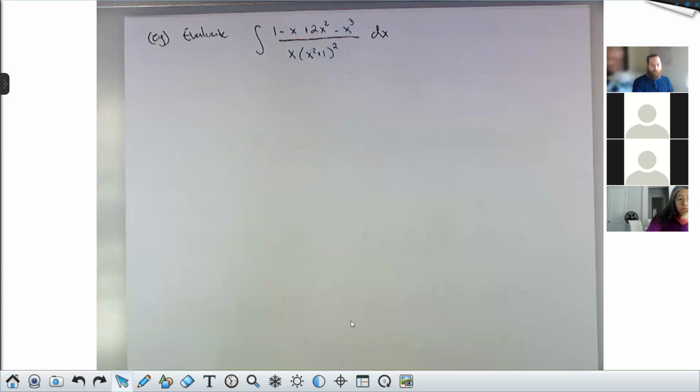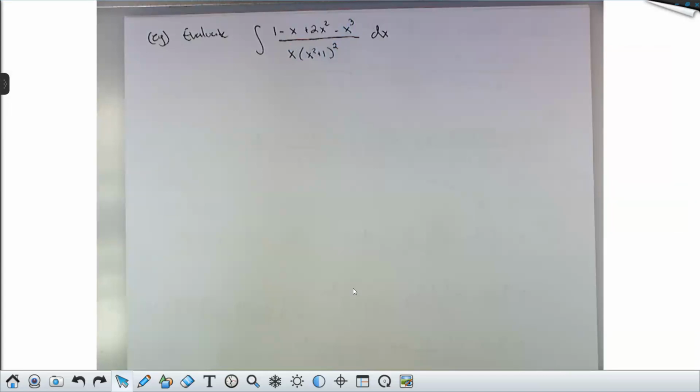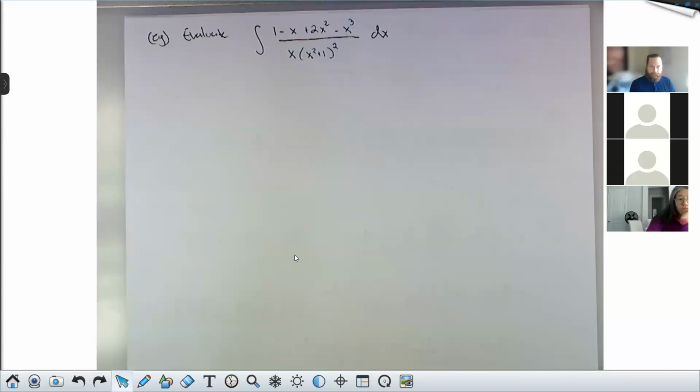You gotta think a little more about this one, right? If I multiply out x squared plus 1 all squared, that would be x to the 4 plus 2x squared plus 1.